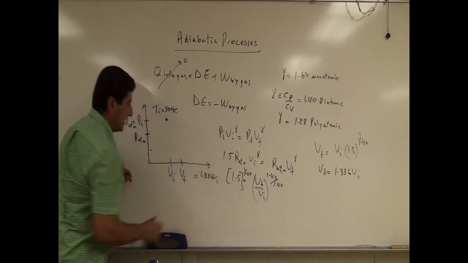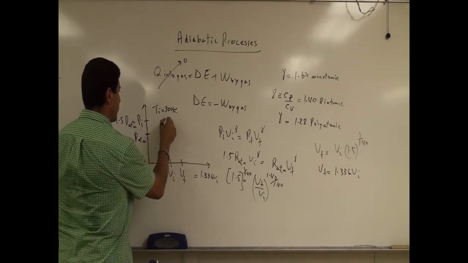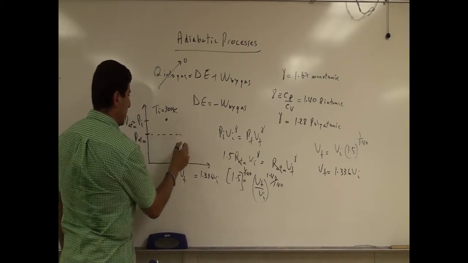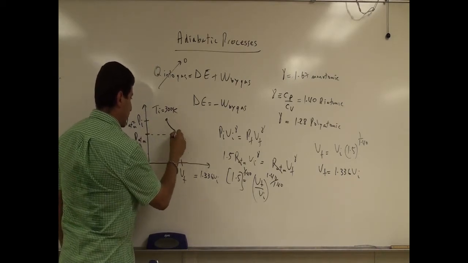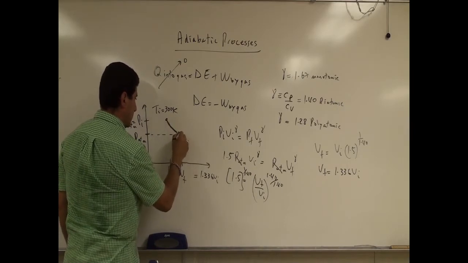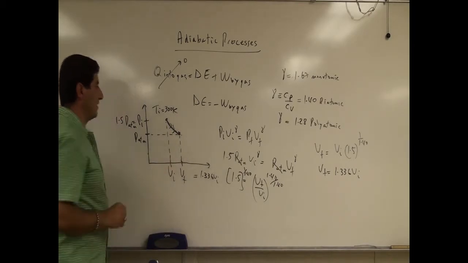So the final volume would look like that, and the drop would be like this, from 1.5 atmosphere to 1 atmosphere. And so this is the final volume, and this is the initial volume.